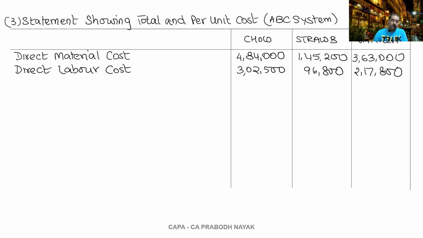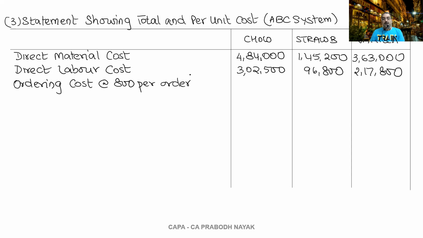Now all the overhead cost, starting with ordering cost at 800 rupees per order. They have given you the cost drivers below. Number of purchase orders 35 for Choco.